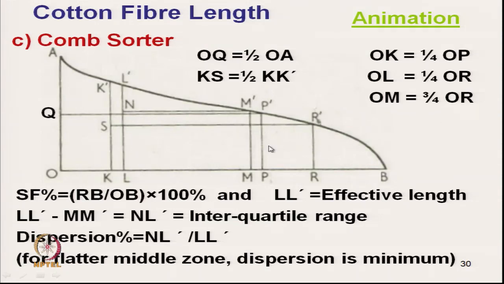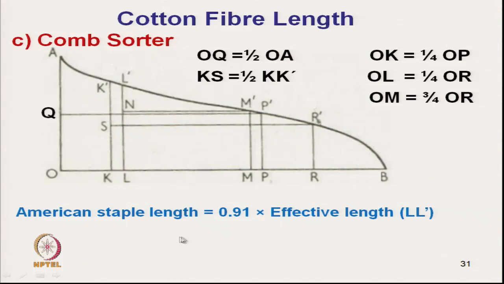OM is 3/4 of OR, that is the lower quartile length. The upper quartile length minus the lower quartile length is known as the interquartile range, and from there we can calculate the dispersion percentage. And the American staple length equals 0.91 multiplied by the effective length, which we can calculate.